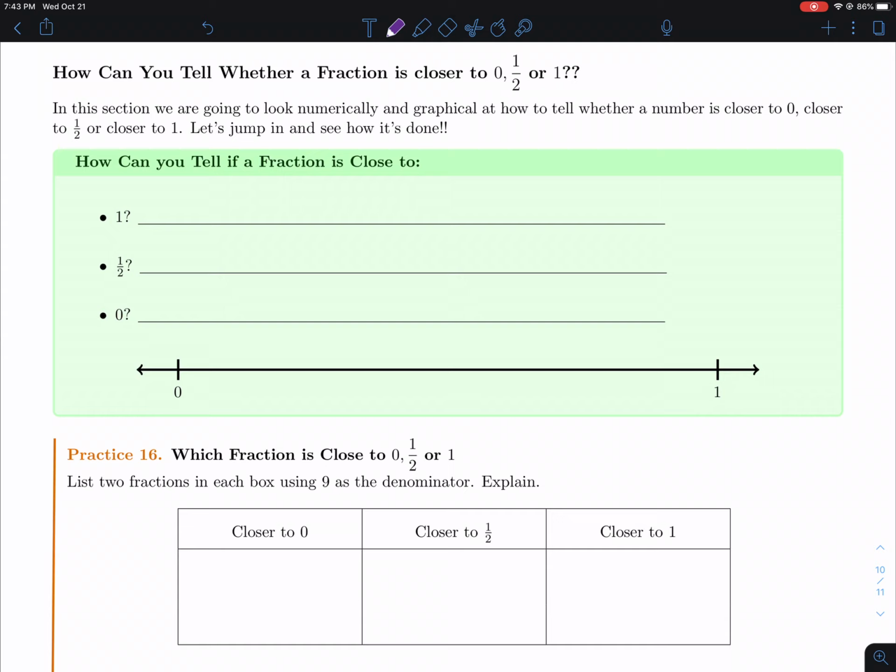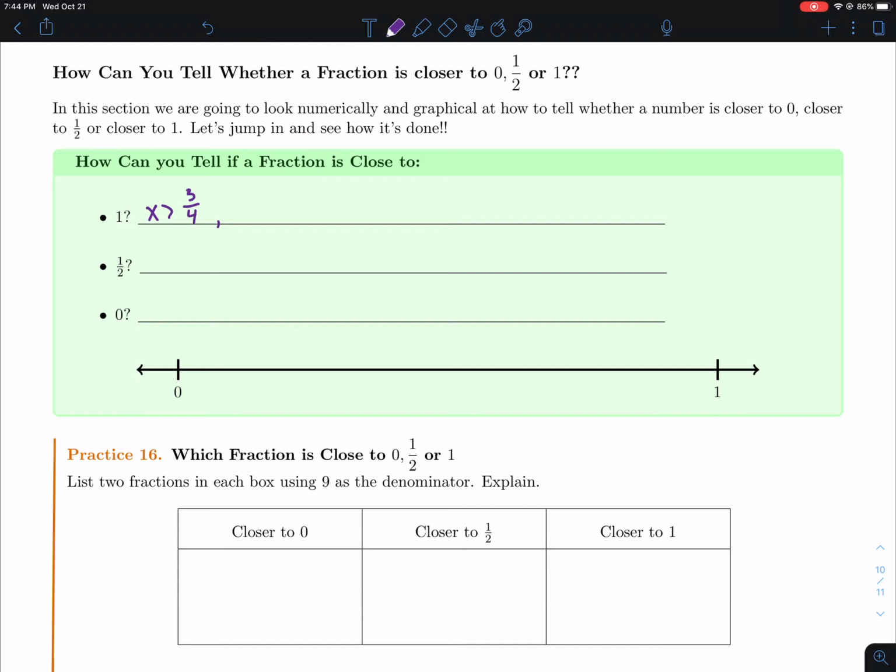So how can I tell if a fraction is close to 1 to start off with? Well, the way we judge whether it's close to something or not is we divide the 0 to 1/2 and the 1/2 to 1, each of those sections, into halves again. So in this case, we're looking for an x value that's pretty much greater than 3/4. So if our x is bigger than 3/4, then we would say that's closer to 1. Another way we can look at it is, there won't be that much difference between our top and our bottom number.